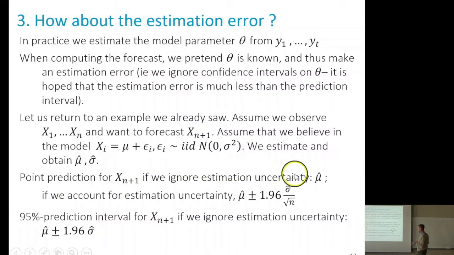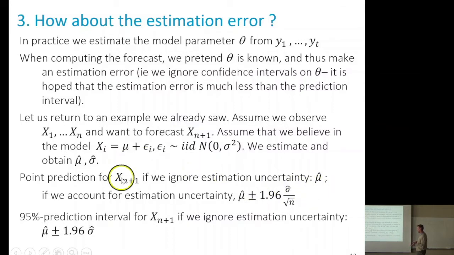If we ignore the estimation uncertainty, we take our estimated value, mu hat, and we say, this is my prediction interval: mu hat plus or minus 1.96 times my estimation of sigma.